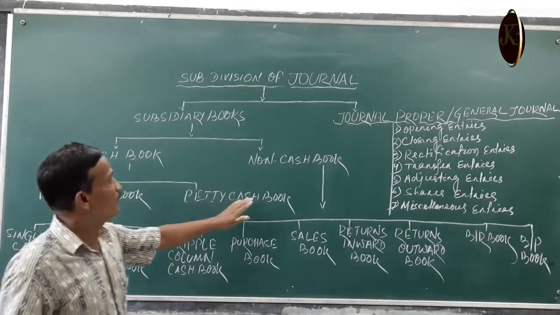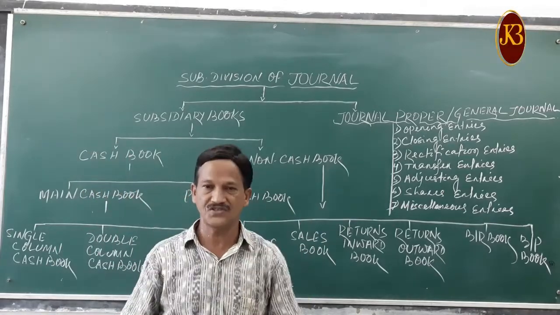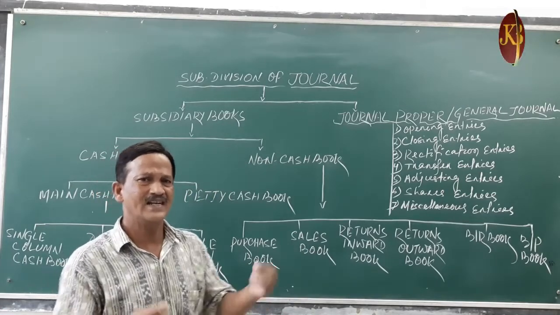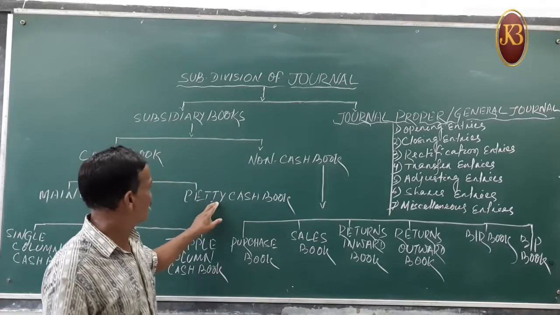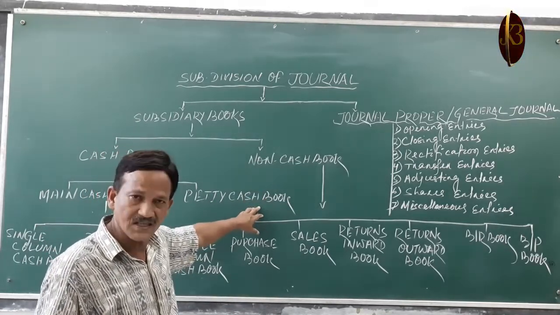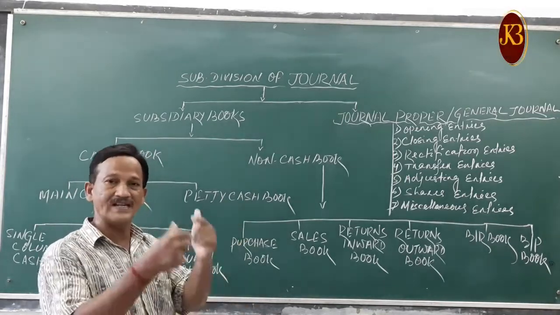Then second is the petty cash book. The petty cash book records small payments, small amounts, very petty day-to-day transactions that happen in the business, recorded separately in the petty cash book. The person in charge of the petty cash book is called the petty cashier.